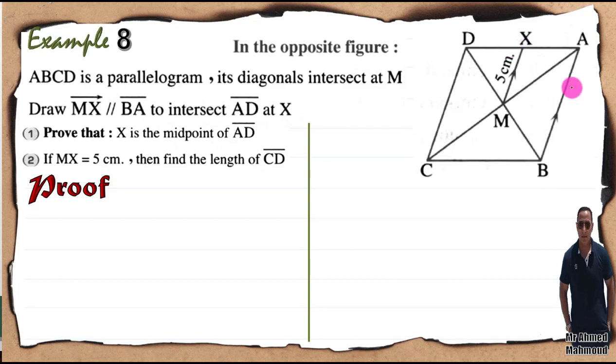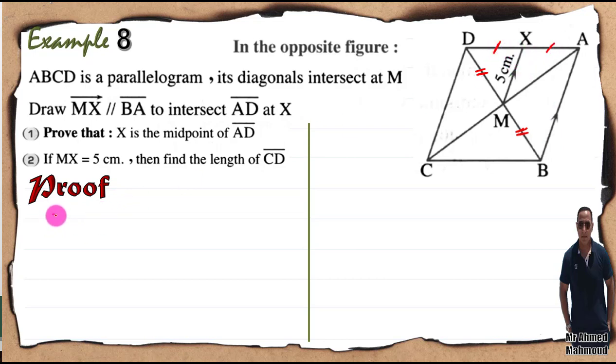It's very easy. Since ABCD is a parallelogram, therefore its diagonals bisect each other. So M is a midpoint of BD. In triangle ABD, since M is a midpoint and MX parallel to AB, therefore X is a midpoint.